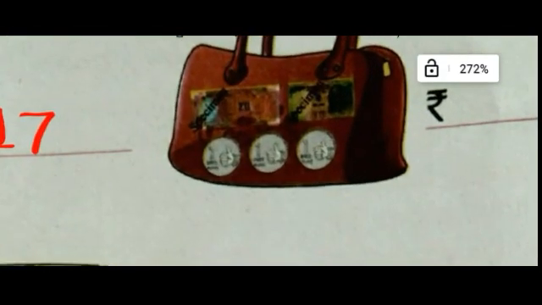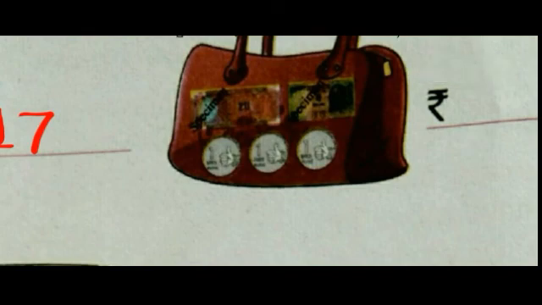First, let's see the notes and coins that are given here. 20 rupee note, 5 rupee note, 3 1 rupee coins. Okay, so let's start with the biggest amount. 20 plus 5. It means 25.